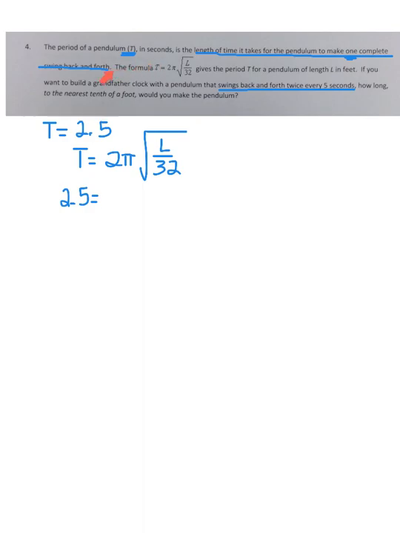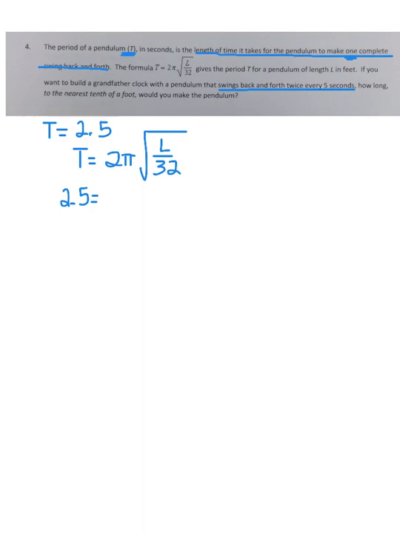They gave you the formula right here: it gives the period t for a pendulum of length L in feet. So this L represents the length of the pendulum. And if you read the question, it says, how long would you make the pendulum? So the question is asking you to find L.